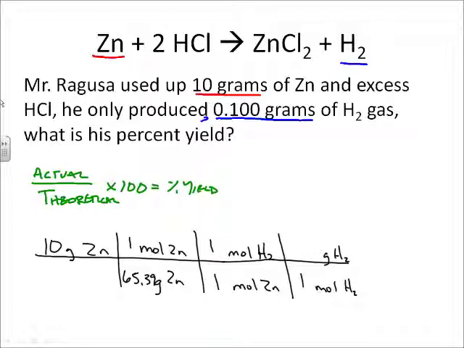And so we're going to use our molar mass relationship again. So we go and we solve this. This is going to give us 0.309 grams of our hydrogen gas.